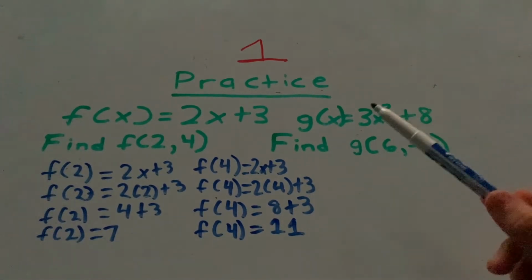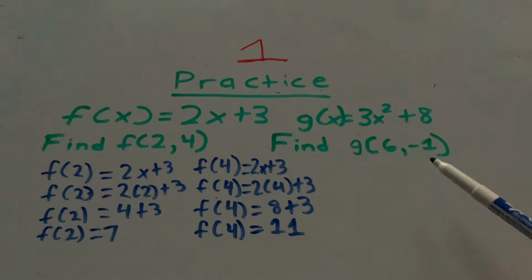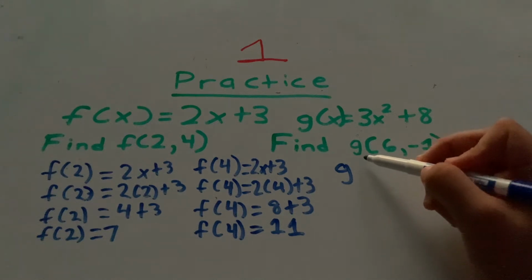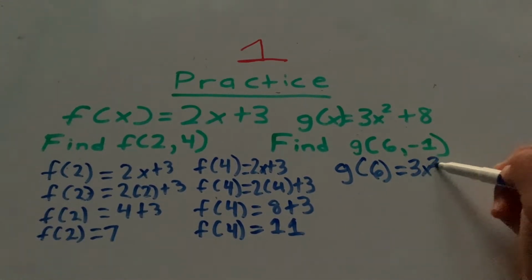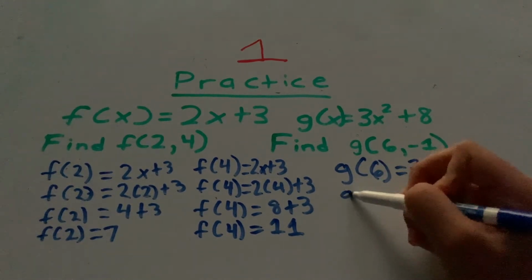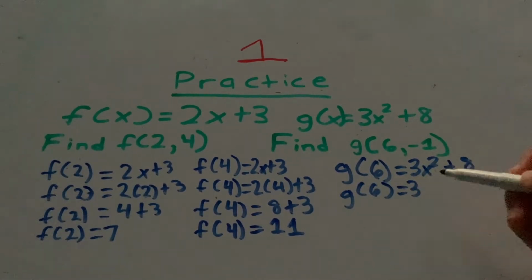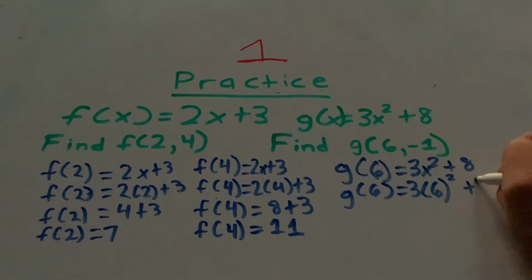Now let's work with g of x equals 3x squared plus 8. Let's find g of 6 and g of negative 1. So g of 6 equals 3x squared plus 8. Now we're going to do g of 6 equals 3, parentheses 6, since we're plugging in the x now, plus 8.